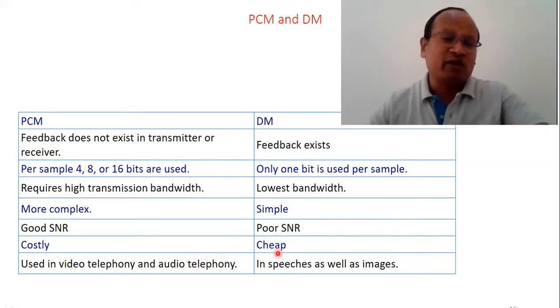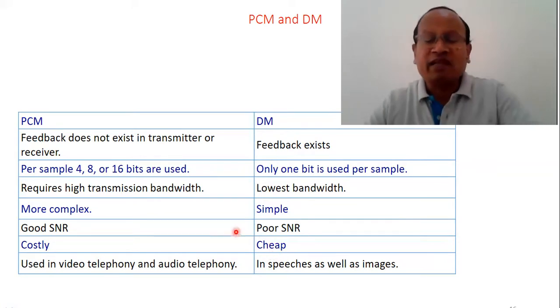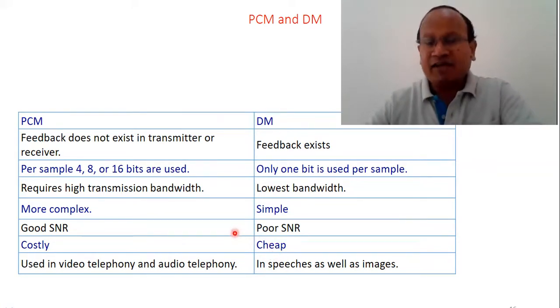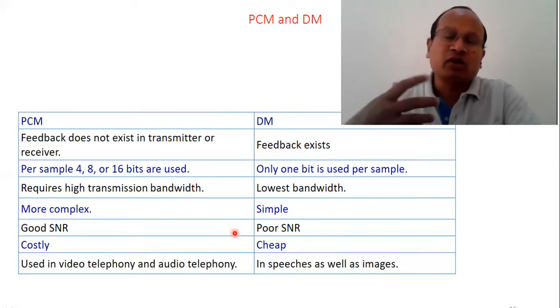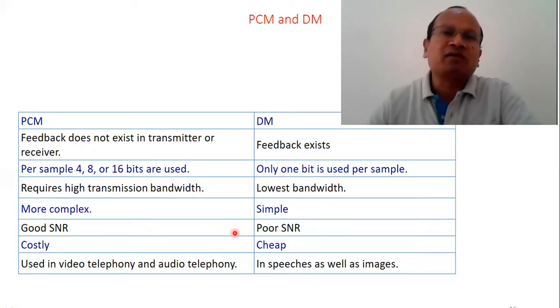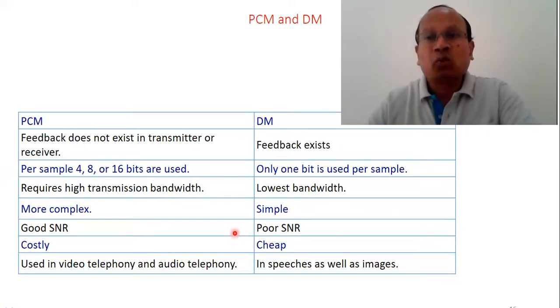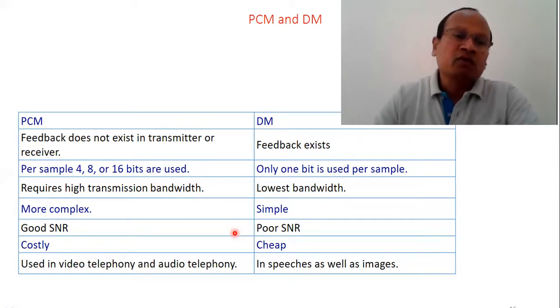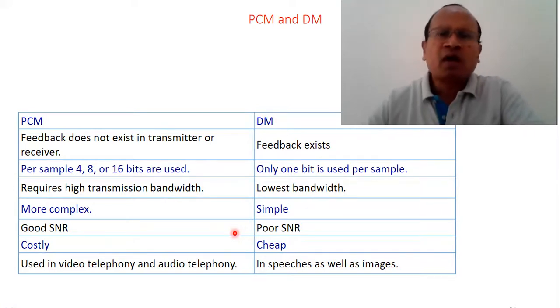PCM is used in video telephony and audio telephony, voice communication, video communication, because there, especially with video, we want the streaming to be better and better quality of video delivered. For audio signals also, we want good quality of speech and voice signals, and therefore it's used in these things.